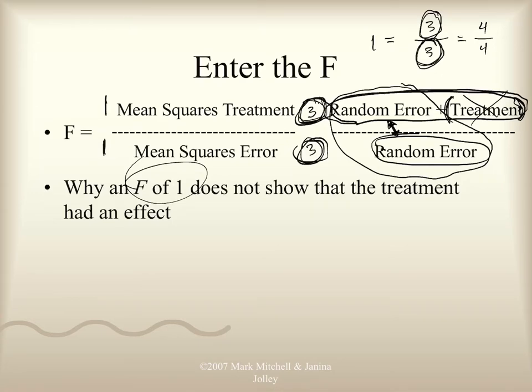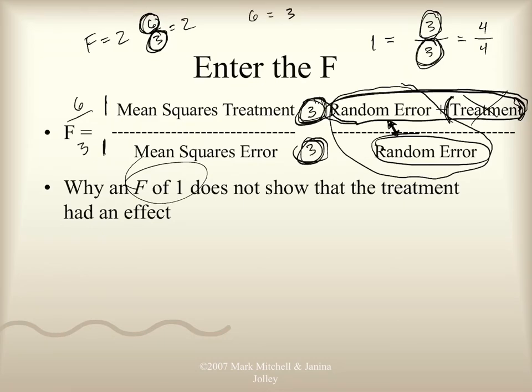Numbers bigger than 1, so like if we had a 6 over 3, that F would equal 2. 6 over 3 equals 2. This would tell us that there is on top certainly the random error that we see on the bottom, but also more.